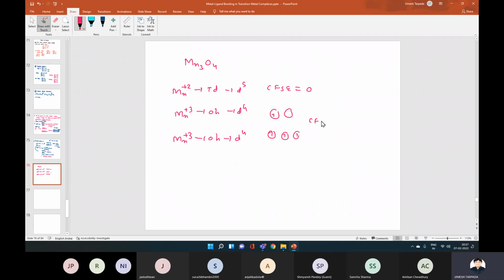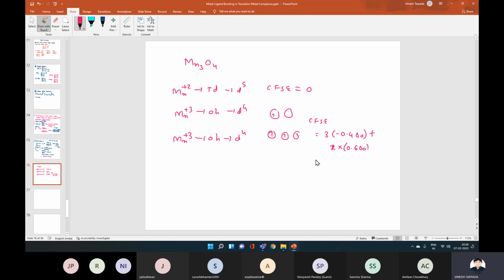So CFSE becomes equal to 3 into minus 0.4 octahedral plus 1 into 0.6 octahedral.